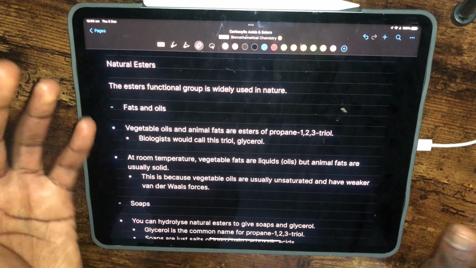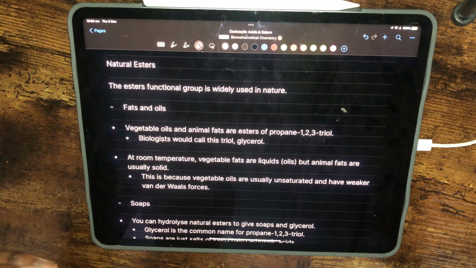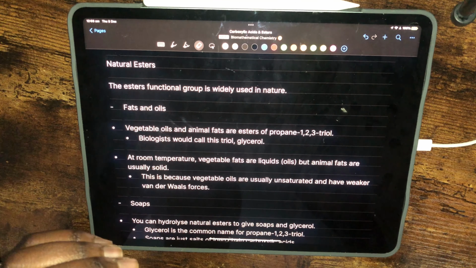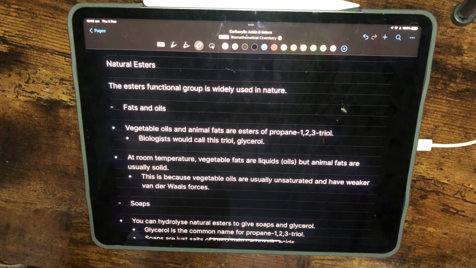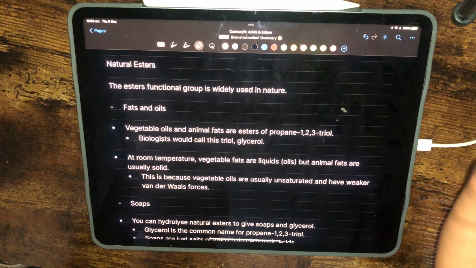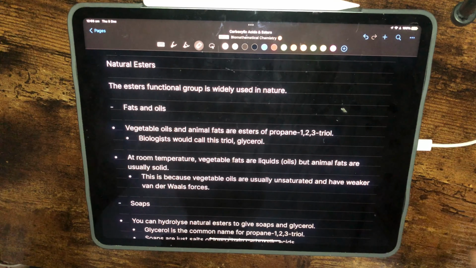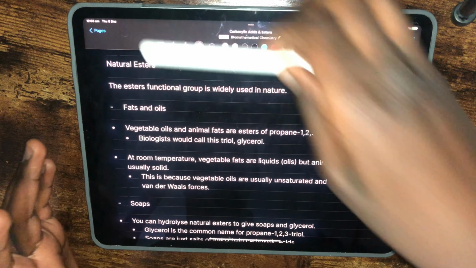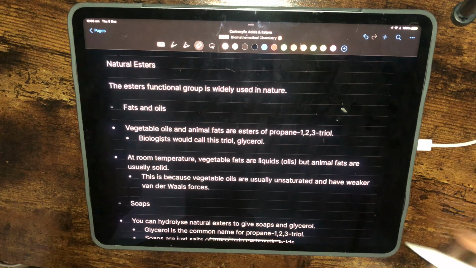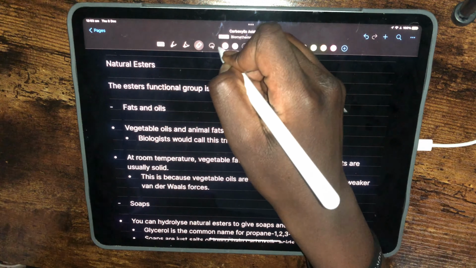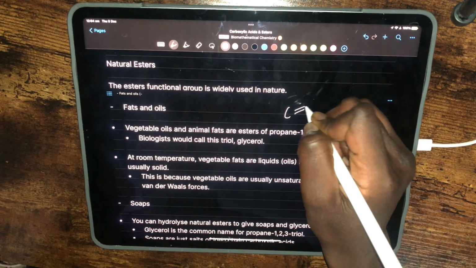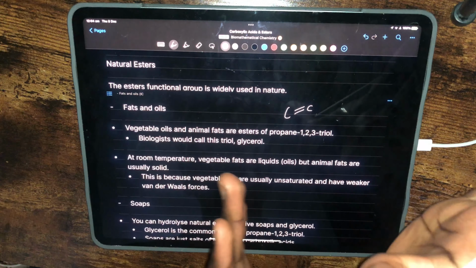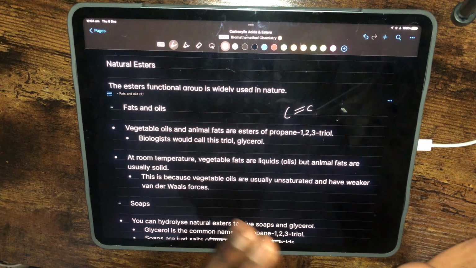Because they're unsaturated, they have at least one carbon-carbon double covalent bond. I should have mentioned this before, but when you have esters with a carbon-carbon double bond, it kinks the structure.